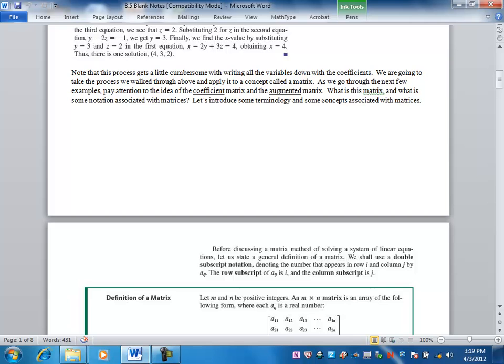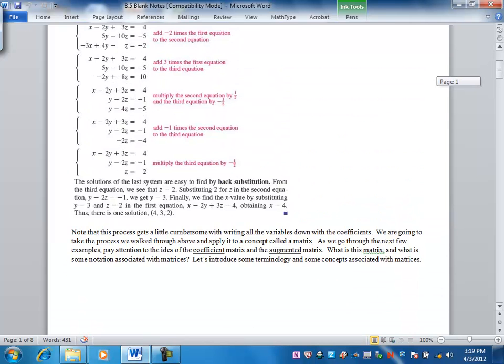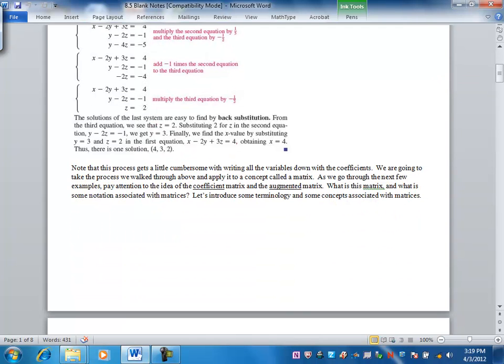While we're at it, let's take a moment here. I'm going to take that original system that we just had, and I'm going to write what is called the coefficient matrix. For the coefficient matrix, we're just going to take all of the coefficients.